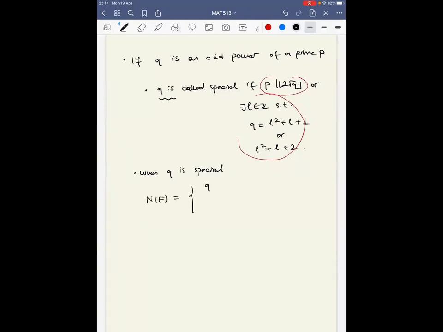the number of rational places can be computed by these numbers here.